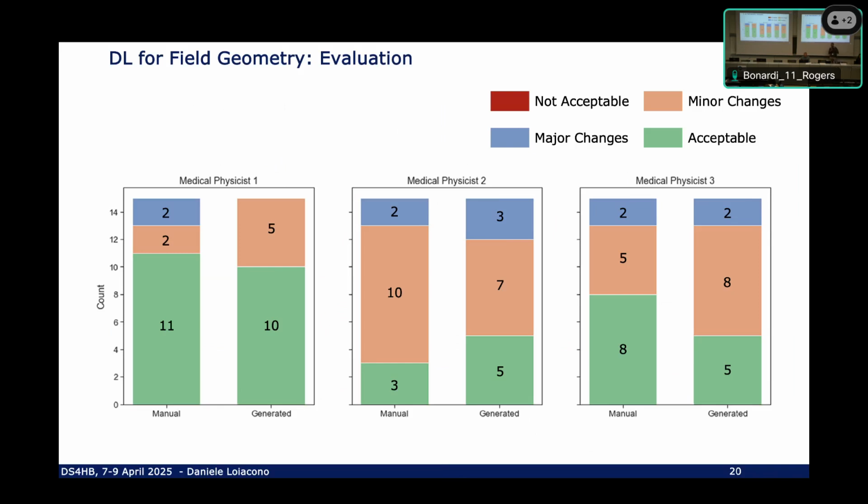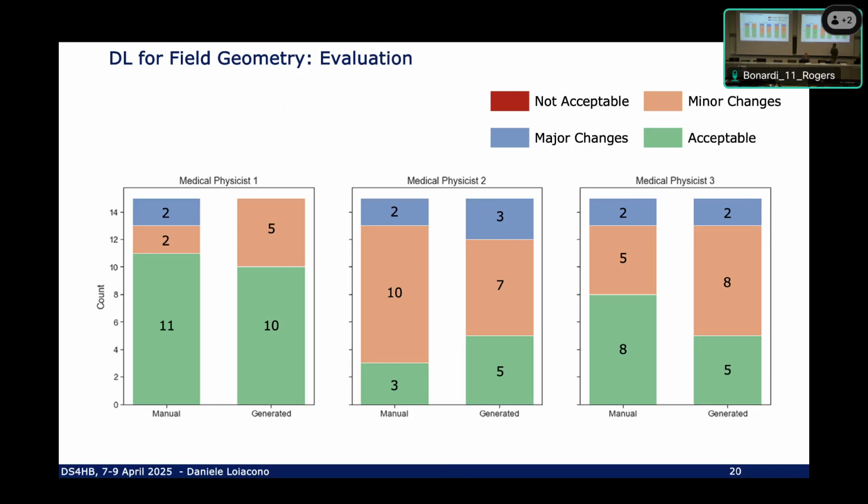So three medical physicists were presented some plans, either generated by the AI or manually generated by the physicist, and they had to evaluate the quality of these plans.